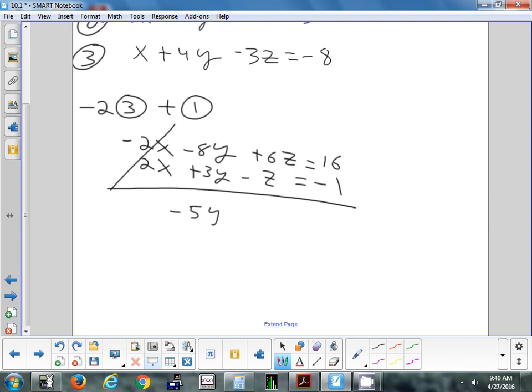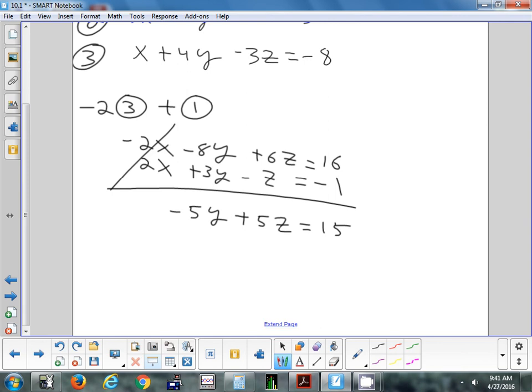Good. My z's? Plus 5z equals 15. Now, this doesn't usually happen, but there is something I could do here to make this equation even simpler. Every number here is a multiple of what? 5. If you want, divide everything by 5 just to make the numbers smaller.